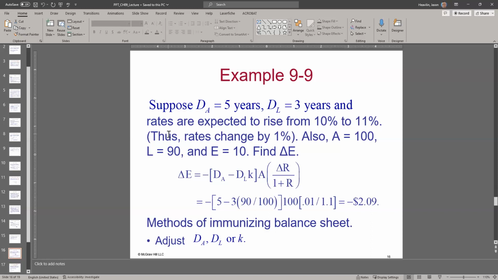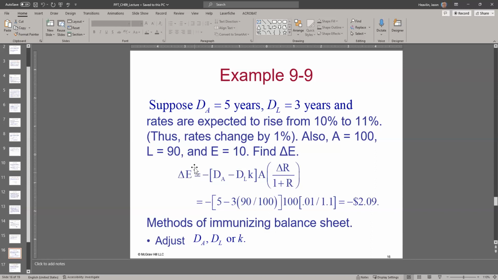Let's say rates are expected to rise from 10% to 11%, a 1% increase. Let's say assets equal 100, could be 100 million, you pick. Liabilities are 90, and equity is 10. So the capital structure is 90% liabilities, 10% equity.